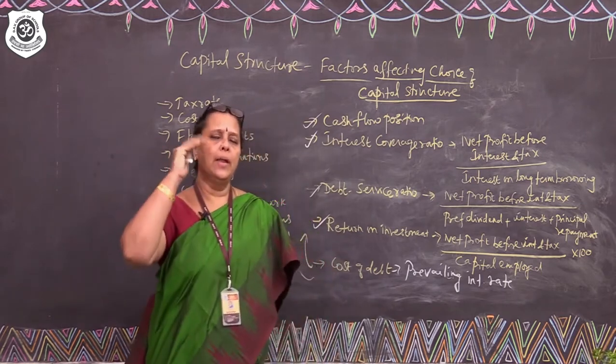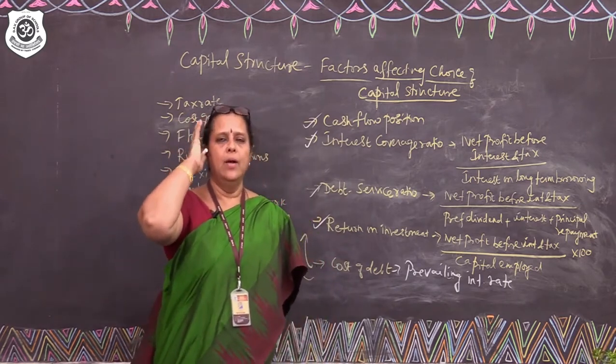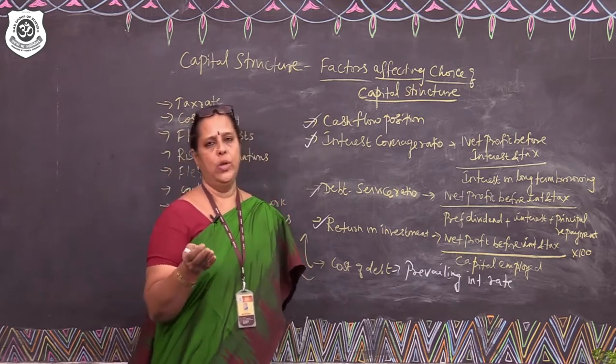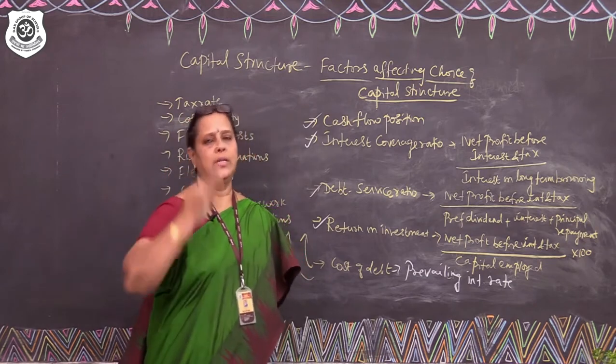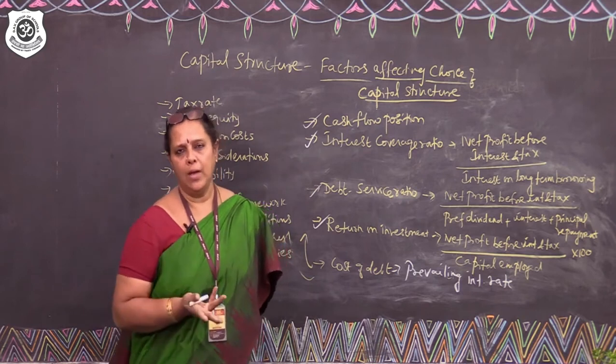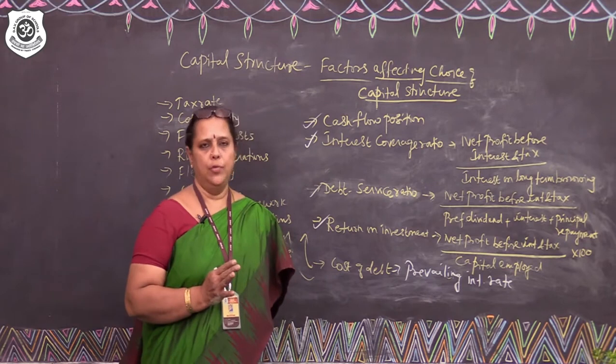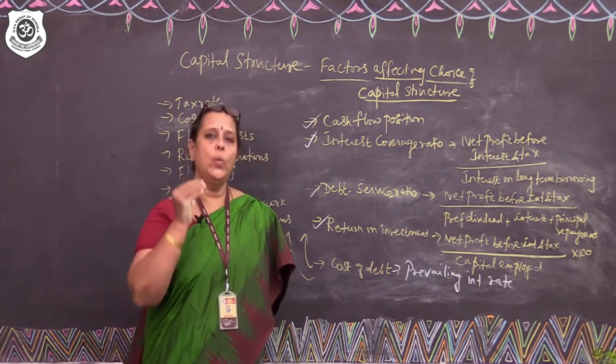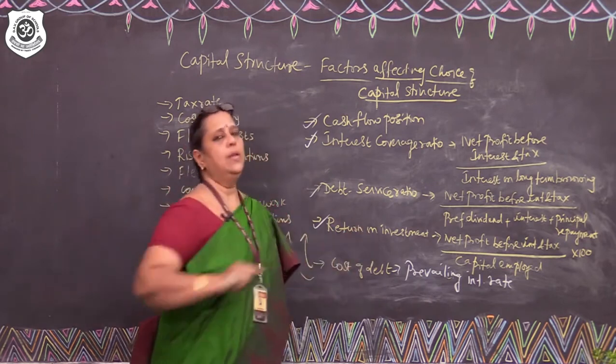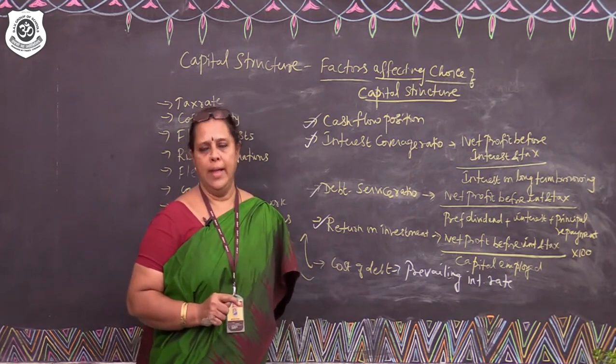If the prevailing market interest rate is higher, whatever amount of profit the company is going to earn will go in the form of interest commitment only. The company will not have anything to pay to the equity shareholders. Therefore, if the cost of debt is lower than the ROI, then the company can consider employing debt.